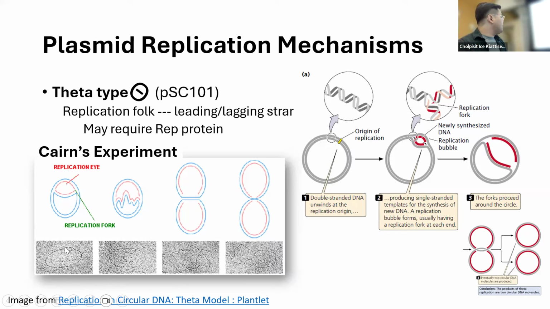So it actually formed some loop right here. The loop gets bigger and bigger, and doesn't separate at all until the end, where there are two loops connected together, and they just split apart at the end. So this is the theta replication. Again, this molecule right here looks like the Greek letter theta. That's why.